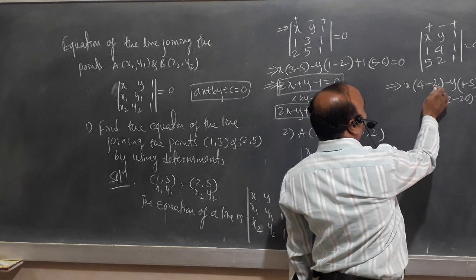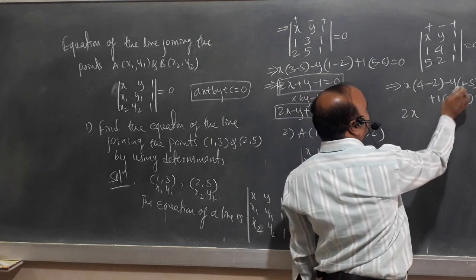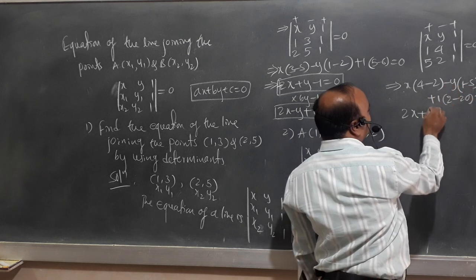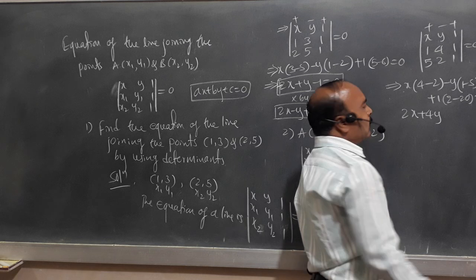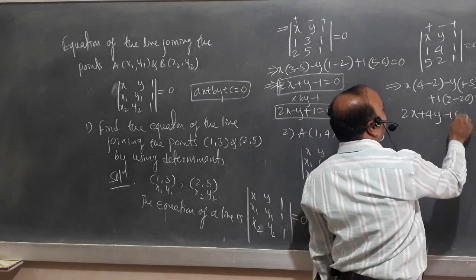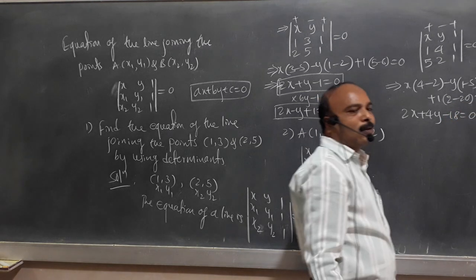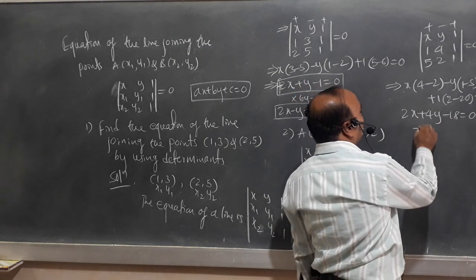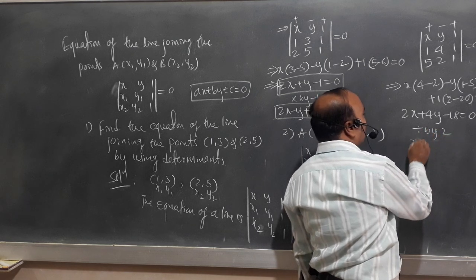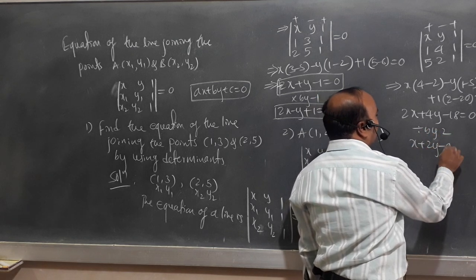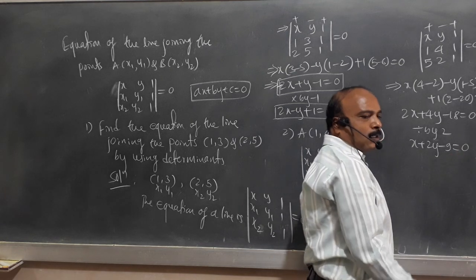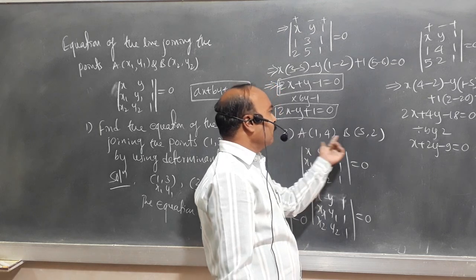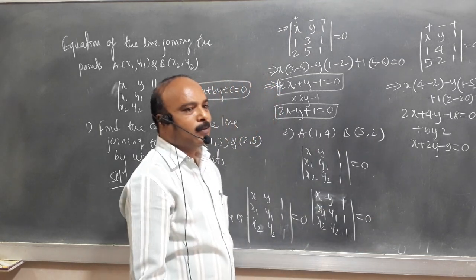Then 4 minus 2 is 2, so 2x, minus y into minus 4 is plus 4y, and 2 minus 20 is minus 18, equal to 0. Here 2 is common everywhere, so we may divide by 2. We get x plus 2y minus 9 equal to 0. So it is the equation of the straight line joining the 2 points (1, 4) and (5, 2). Take the solution.